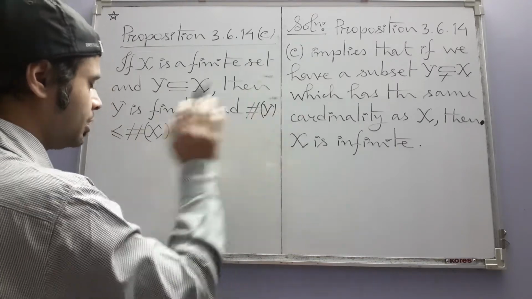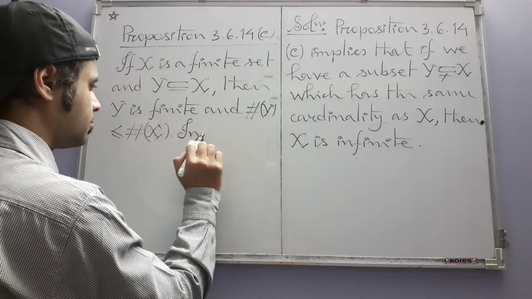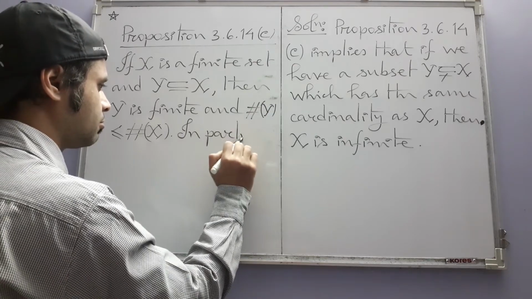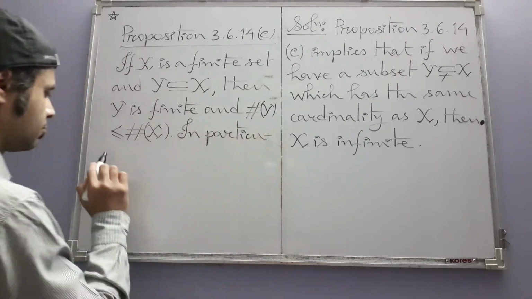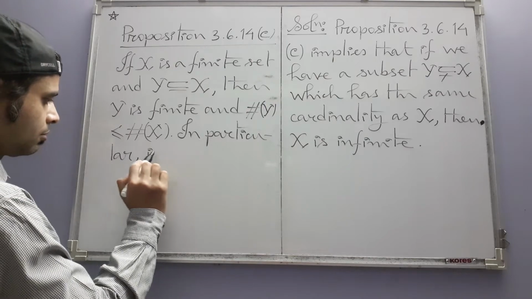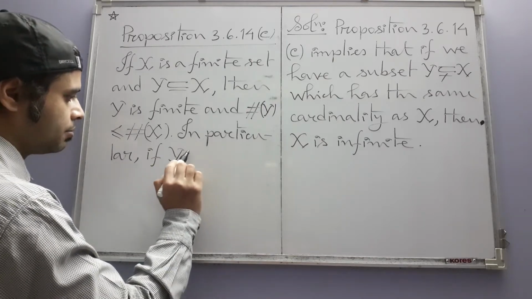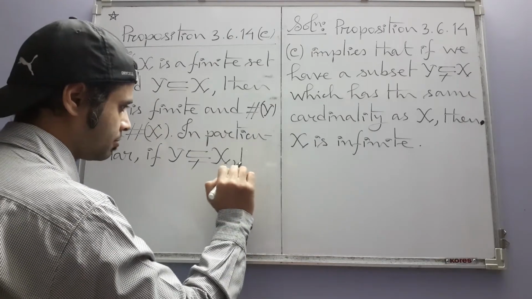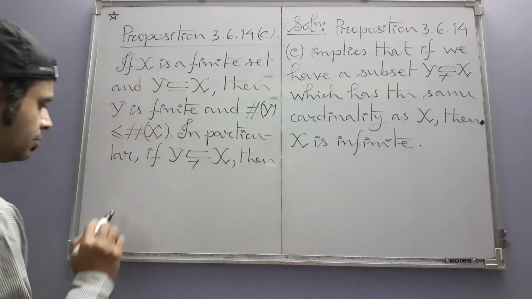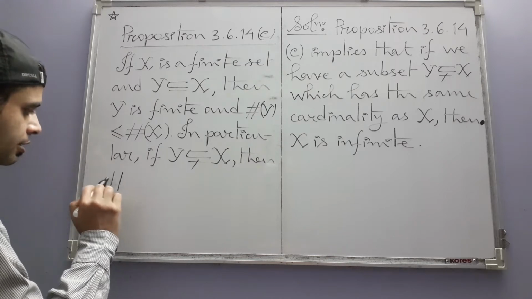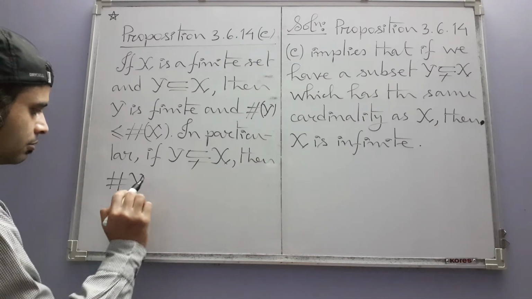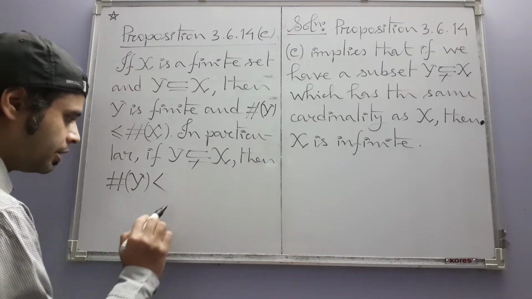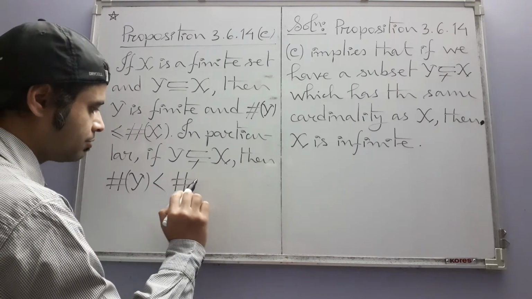In particular, if Y is a proper subset of X, then the cardinality of Y is strictly less than the cardinality of X.